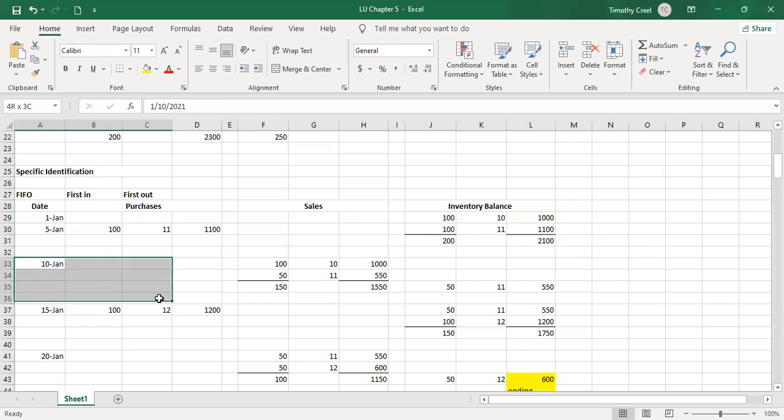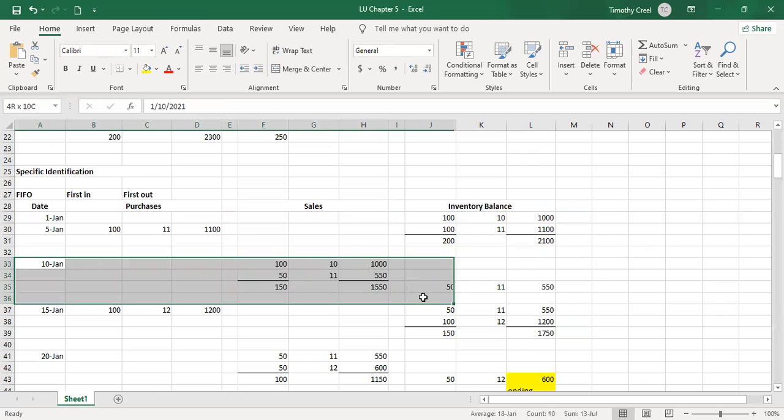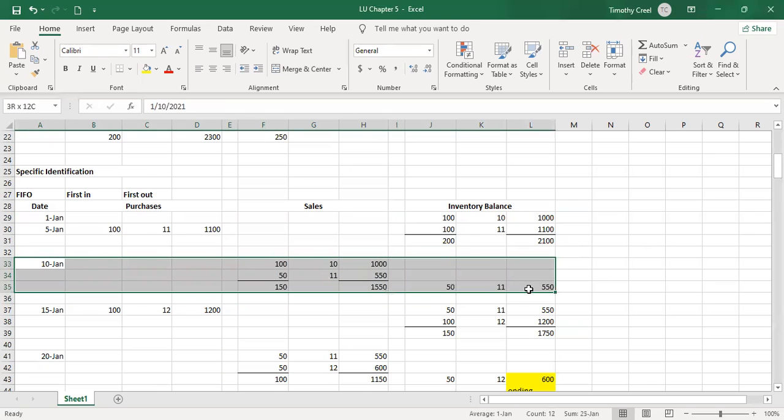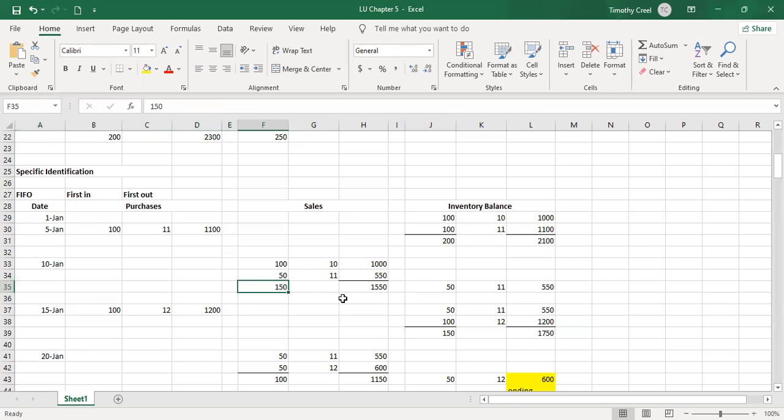Now, on January 10th, we make our first sale. So notice that we're going to sell 150 units on January the 10th. So since we're doing first in, first out FIFO, that means we're going to start with our oldest items. We're going to assume that those are the items that are coming out in the sale, and we're going to move our way forward.